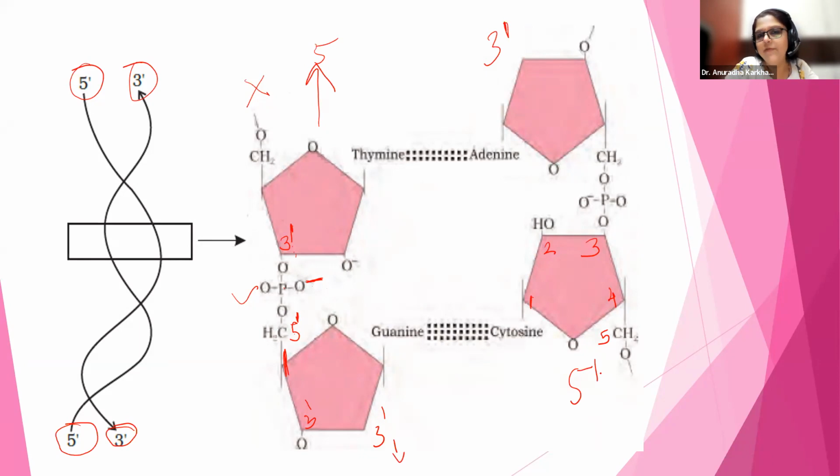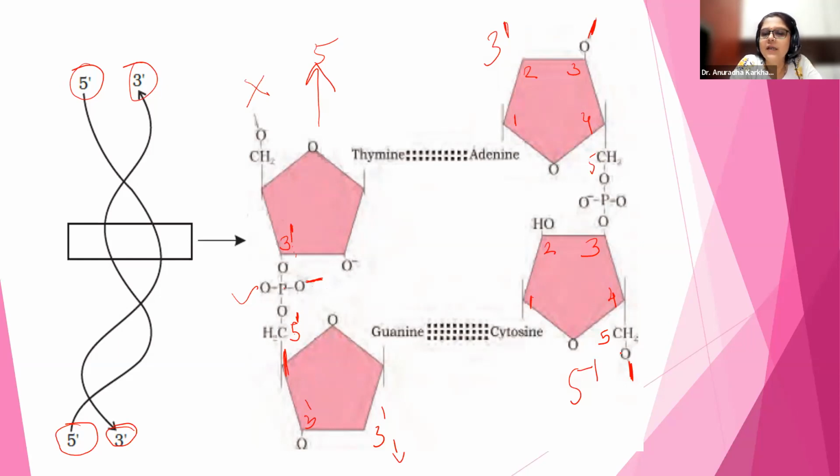So this 5 prime end is free. Similarly, this is the first carbon, second carbon, third carbon, fourth carbon, fifth carbon. So here the 3 prime end is free, here the 5 prime end is free. Okay, now you understood why we call it 5 prime to 3 prime.